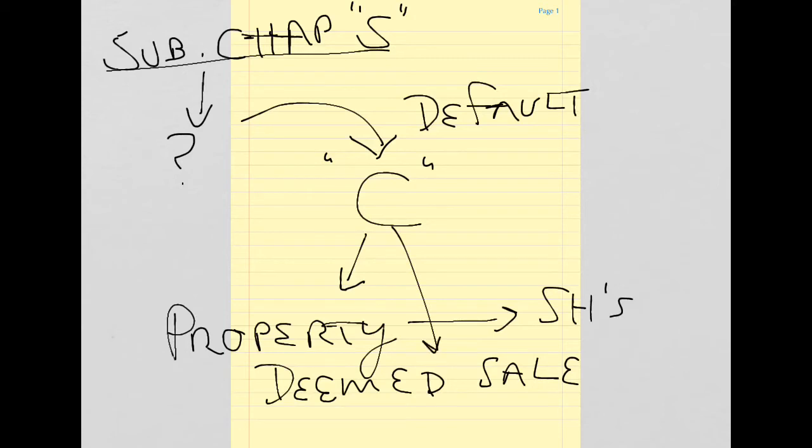The C corporation recognizes a deemed sale, pays the tax, even though the sale never happened, and then the shareholder picks up the property as if it was a distribution or dividend to them from a C corporation, and to the extent that there's retained earnings, they'll pay dividend income tax on the value of what they received, double taxation.